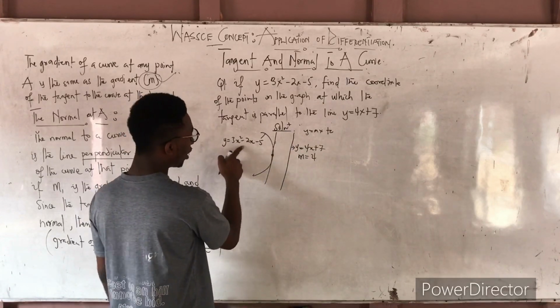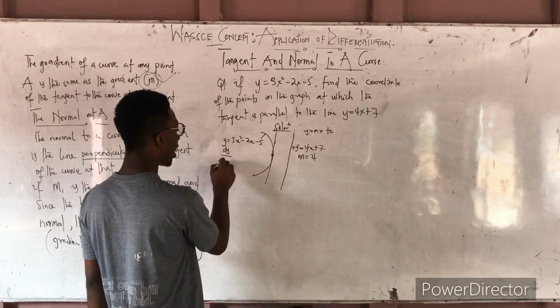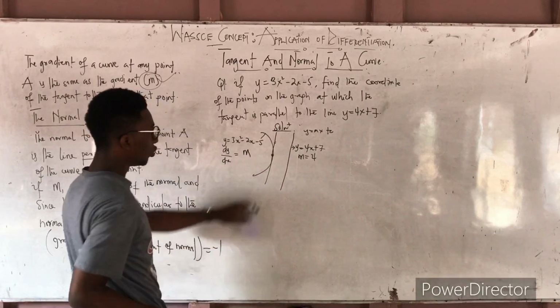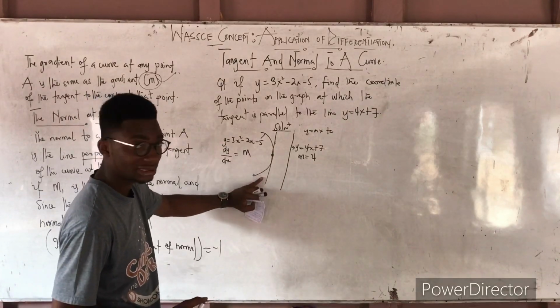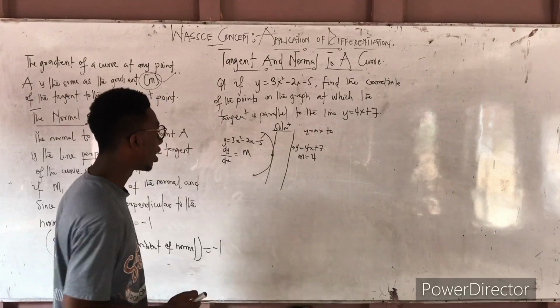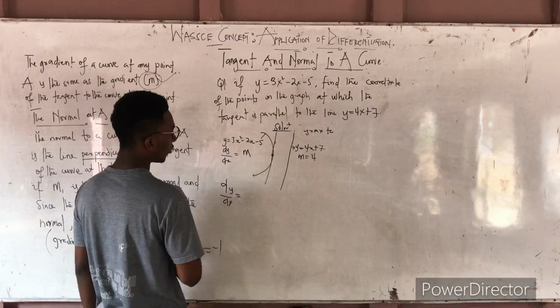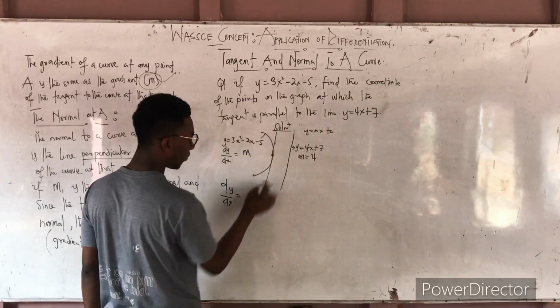But at any point, how do we find our gradient? It is dy/dx, which is the same as the gradient of the tangent. So now dy/dx should be equal to 4, because the gradient here and this one should be the same, they are parallel.